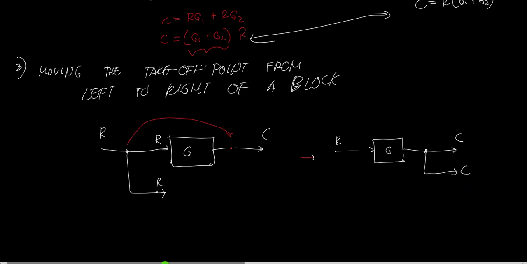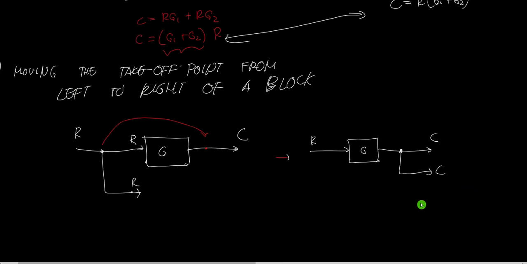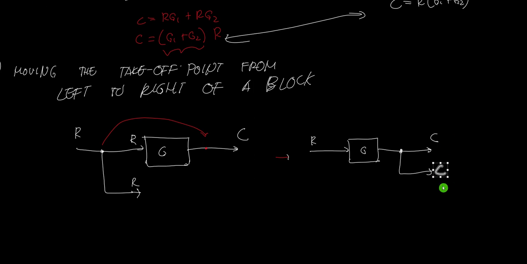So what we do to compensate is add another block somewhere here, and the output here should be equal to R. Why?